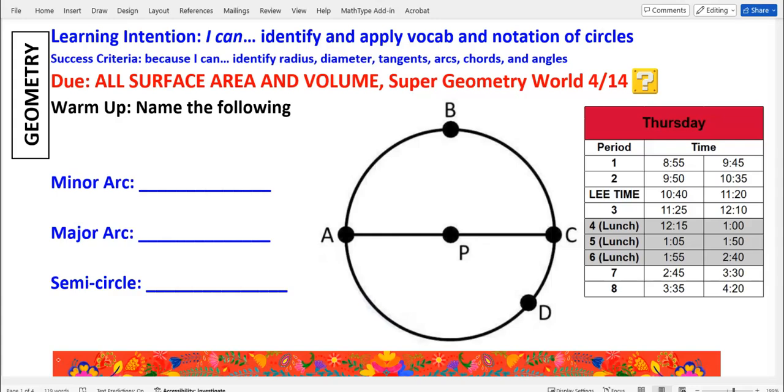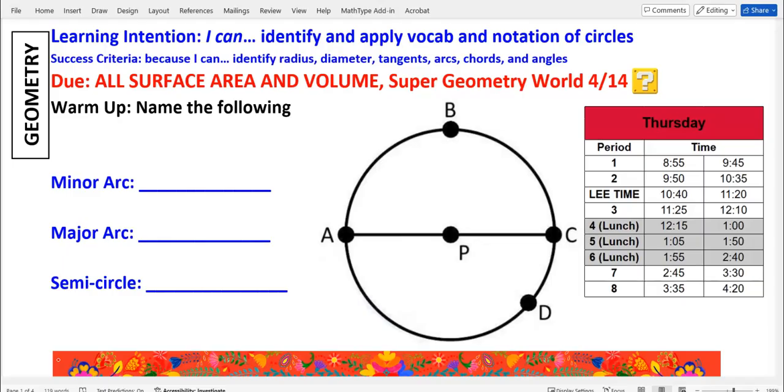On yesterday's notes that you may or may not have done, if you didn't, it's easy to figure this out real quick, but you've got to look up here. Okay. Now, minor arc.